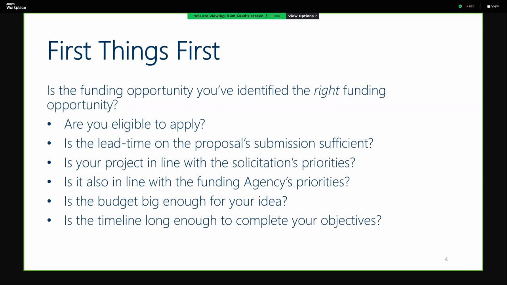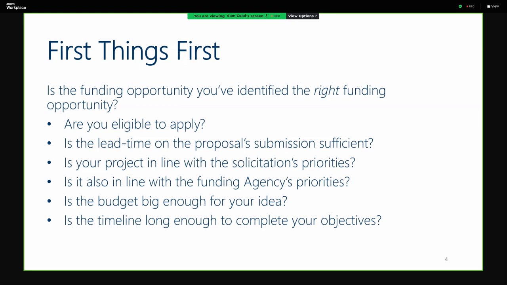You want to make sure that you're eligible to apply. If you're using Grant Forward or any other search engines for finding your solicitations, you can filter to make sure that you're eligible, but double check, because they might have criteria listed in the request for proposals that didn't send up a flag on their search criteria.